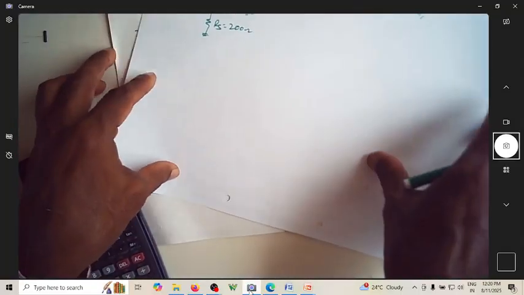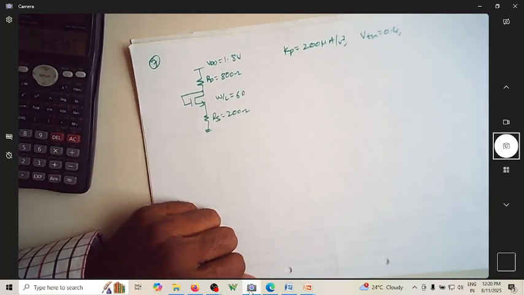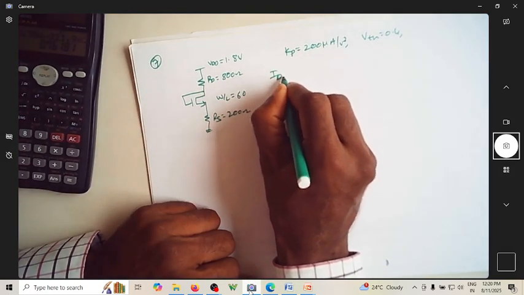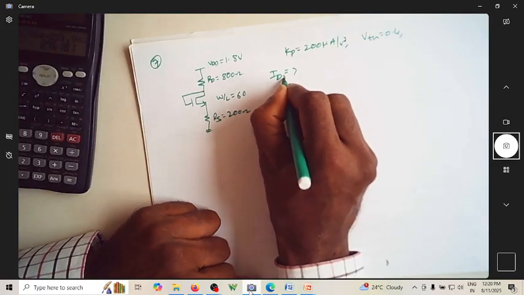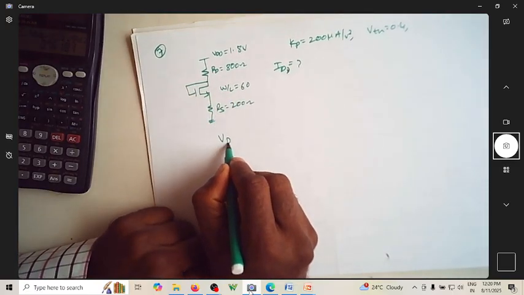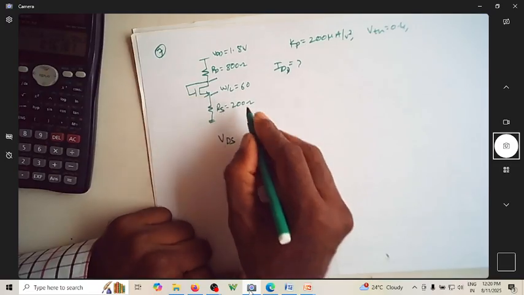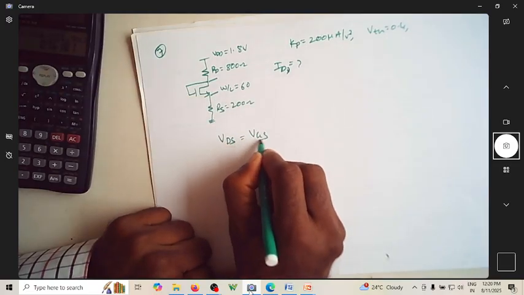Fine. Let us see the last one. We're asked to find what is again ID in this. If you can see here, whatever VDS is there, this is your drain to source, the same is gate to source. So this is VGS.